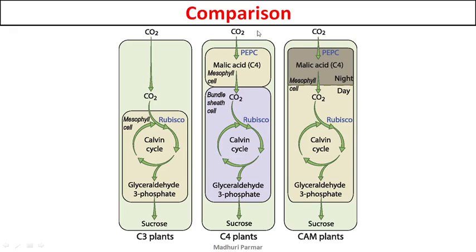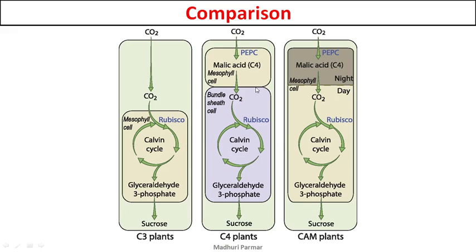In C4 plants, you have carbon dioxide which will enter the leaf, and after entering it can enter the mesophyll cells. Mesophyll cells have PEP carboxylase which converts carbon dioxide into oxaloacetate and oxaloacetate into malate. This malate will enter the bundle sheath cell. It will release carbon dioxide. This carbon dioxide is then used for Calvin cycle and production of sucrose.